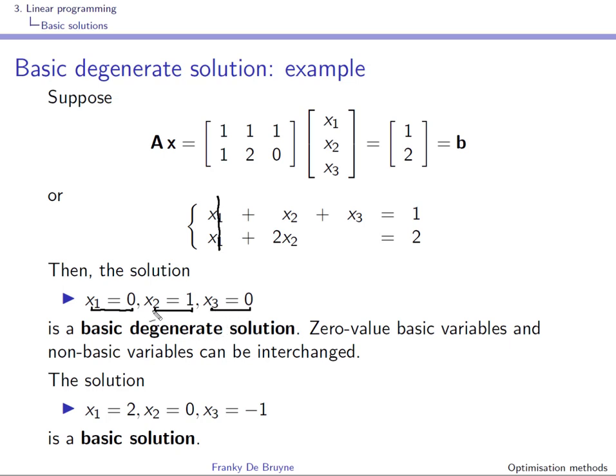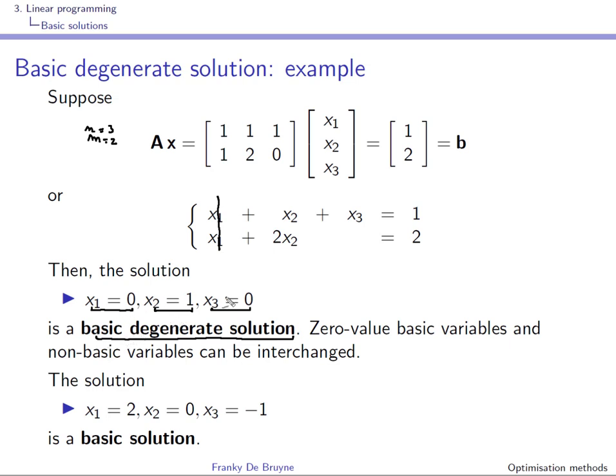equal to 0. So here in this solution, we have more than n minus m zeros. n was 3, m is 2, n minus m is 1. So here we have more than one component of x that is 0, and therefore we speak of a basic degenerate solution.